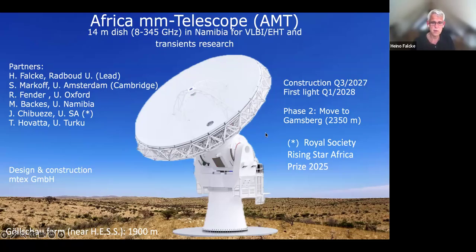This is where the famous H.E.S.S. telescope is, and construction will start in the third quarter of 2027.